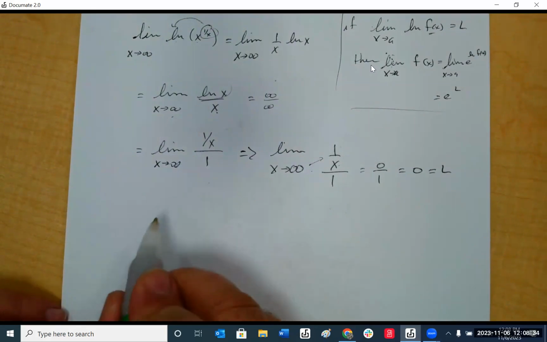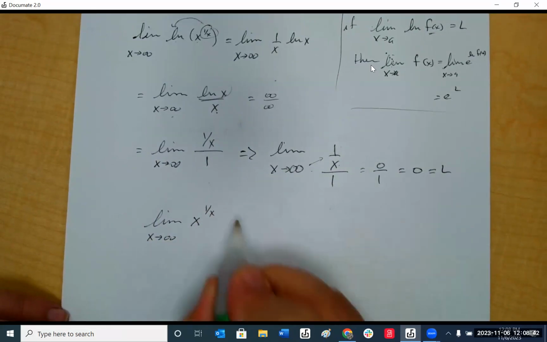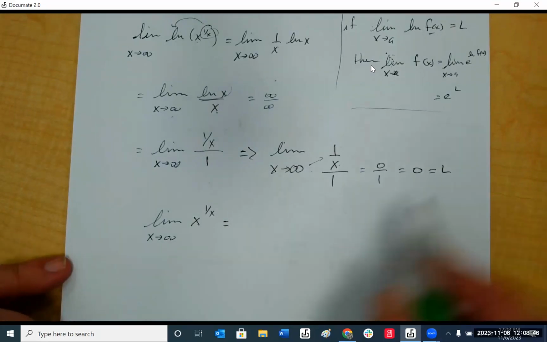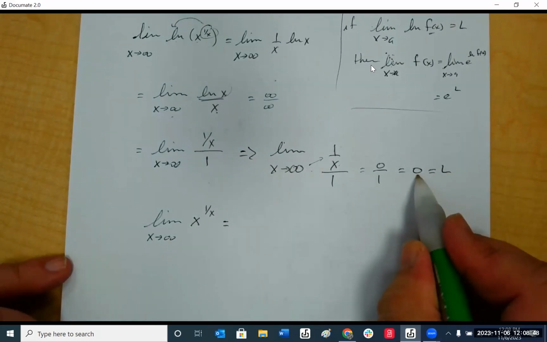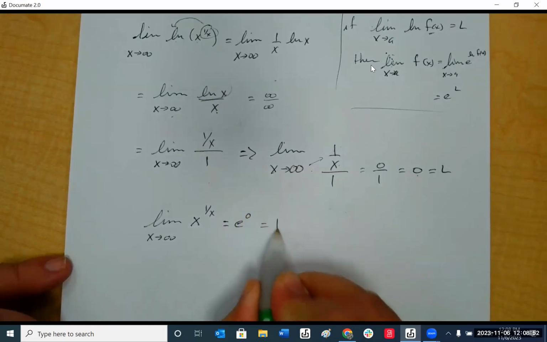So that says that the limit as x approaches infinity of x to the power 1 over x is equal to e to the power L, which is e to the power 0, which is 1.